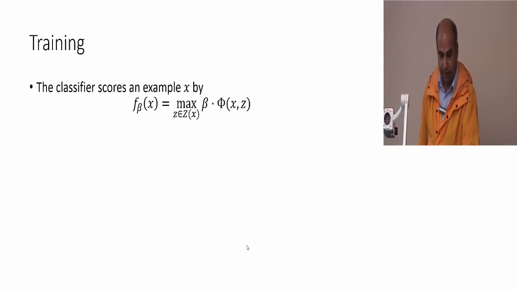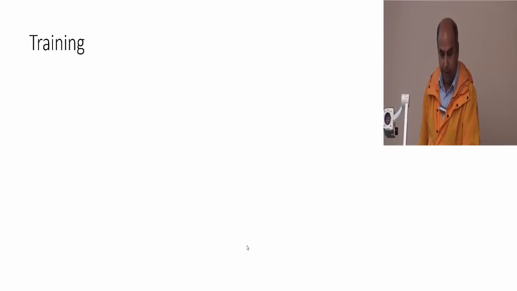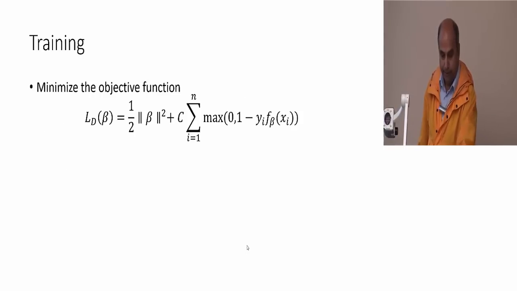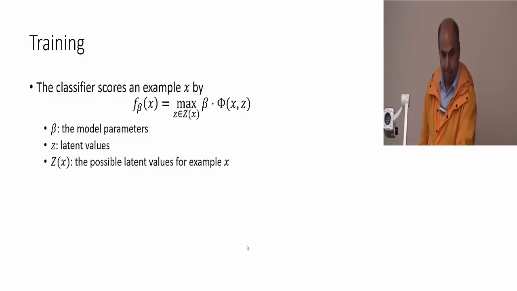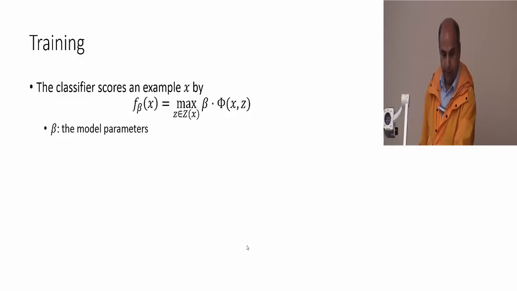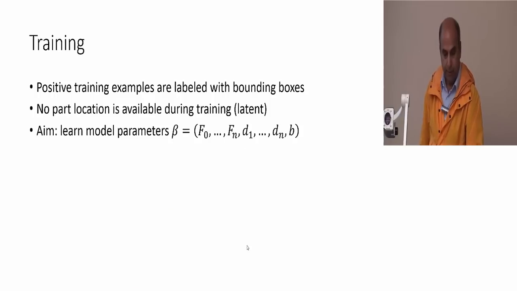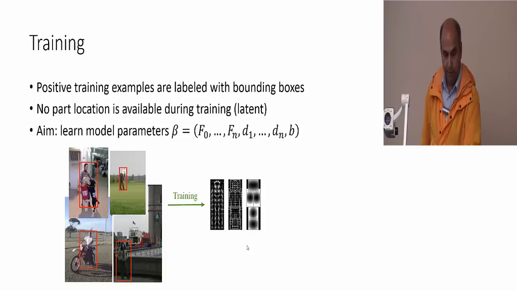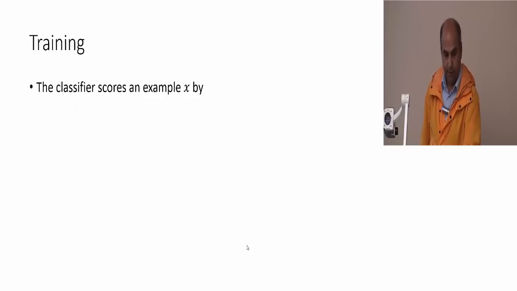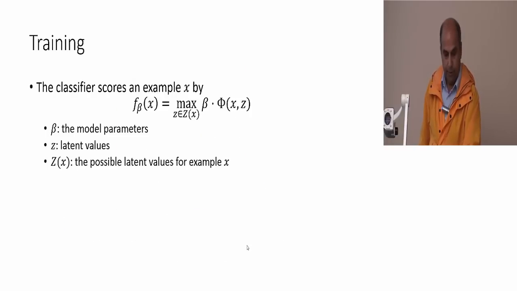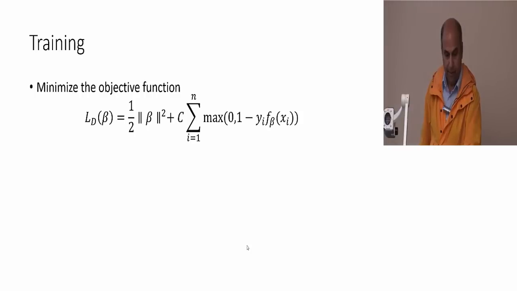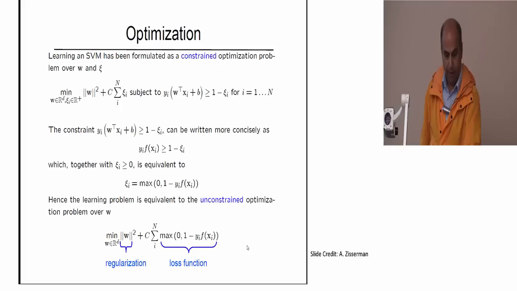And that's where it will improve. That's what this is telling you. Did I cover this? Yeah, good. We minimize this objective function, the labeled one, and all this, we covered that.